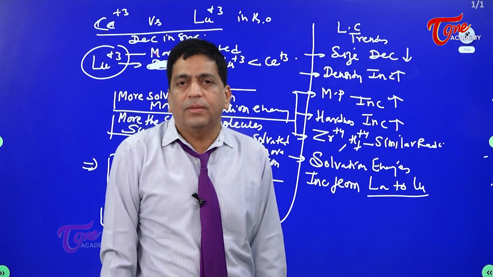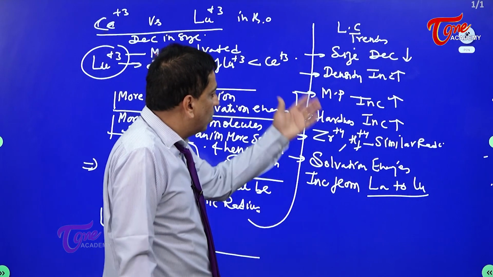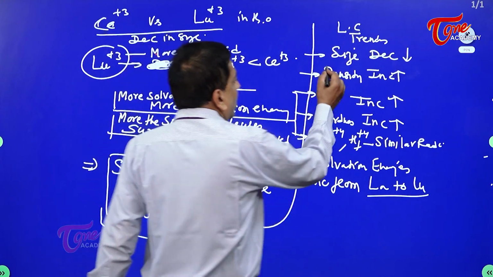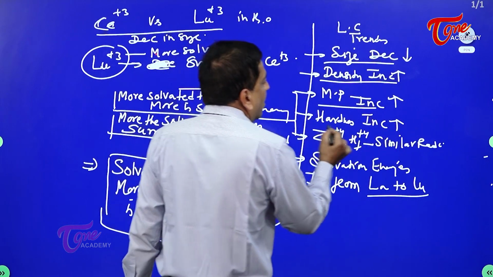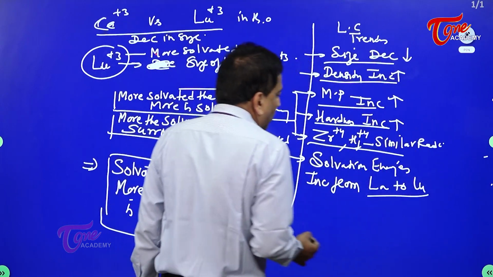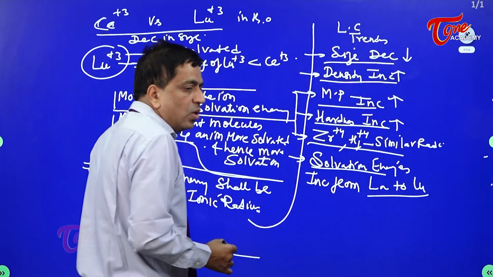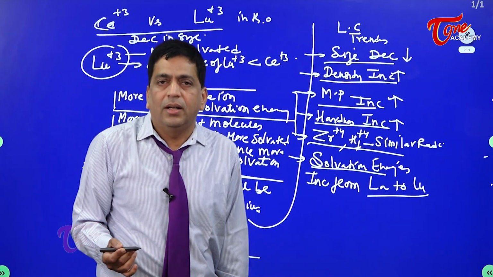You must understand this, right? So remember these trends you are supposed to get in exam. Size decreases, density increases, melting point increases, hardness increases, radii remain the same, solvation energy increases. You must understand this, right? That's how it is.